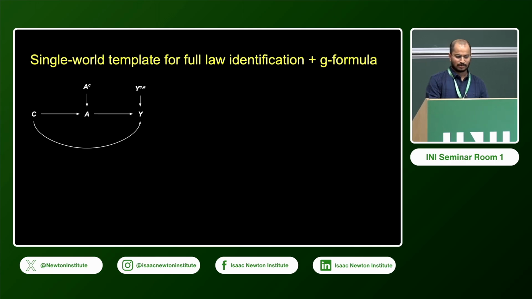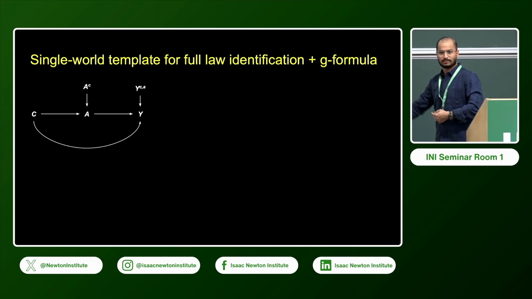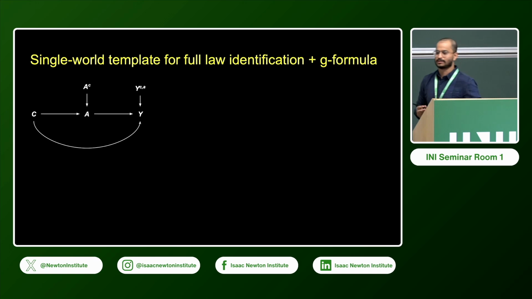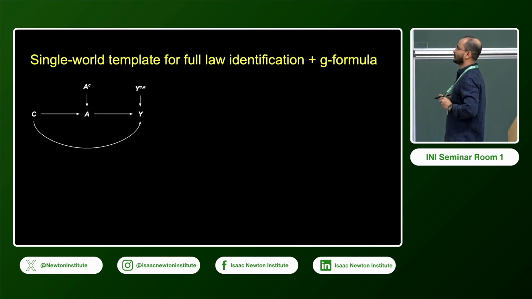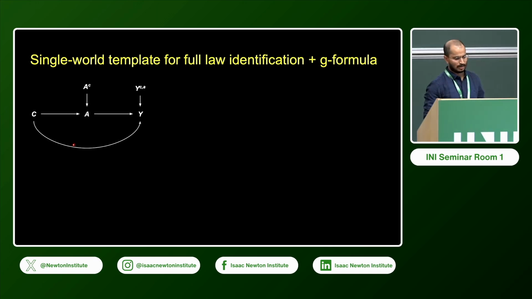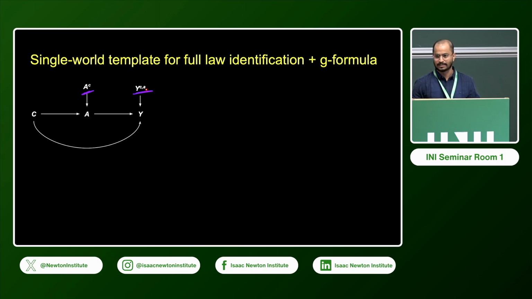Okay, and here's a single world template that you could define. This is reminiscent of SWIGs, but not quite a SWIG. Over here you have just A_c for some generic value of what I'm intervening to, and Y_{c,a}, which is again generic. If I want to do identification of the full law, I have P(C = c), which is just equal to P(C = c). It's pretty easy.